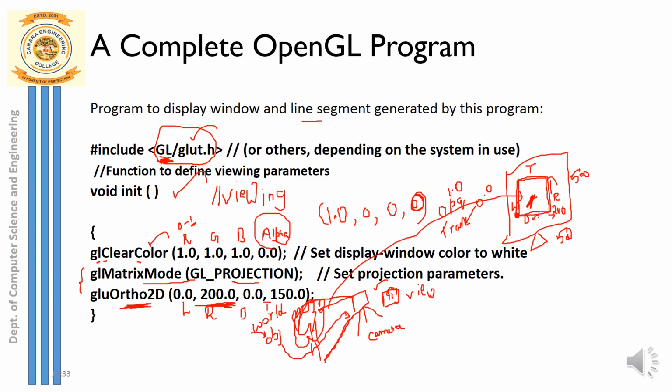From 0 you start, and towards the top the topmost boundary is 150. So up to 200 x coordinates you can generate along the horizontal x-axis, and up to 150 y coordinates you can generate vertically along the y-axis.